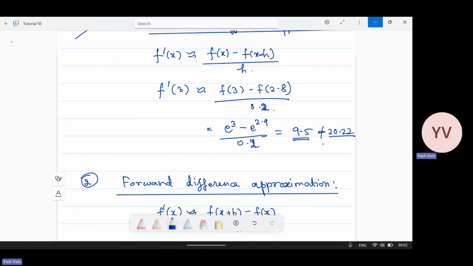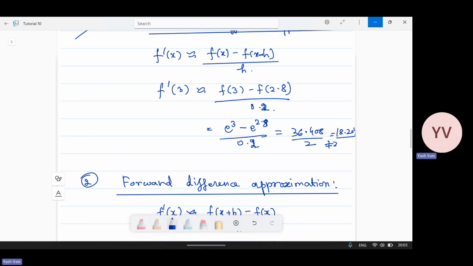And what about this? So it's basically 36.408 divided by 2, which is 18.204.